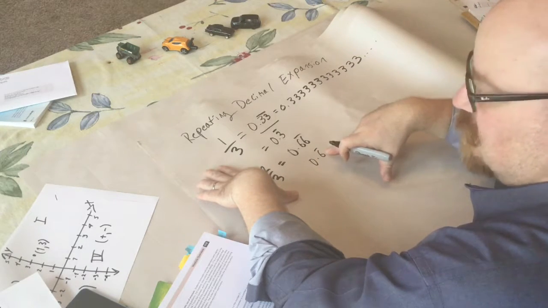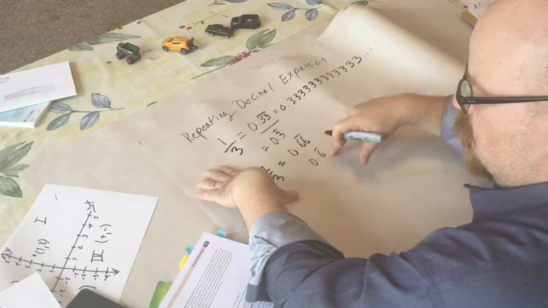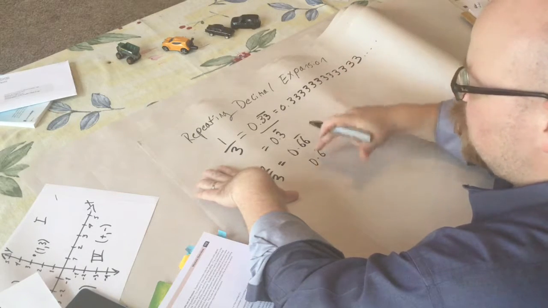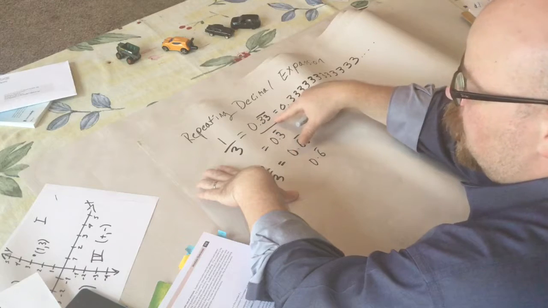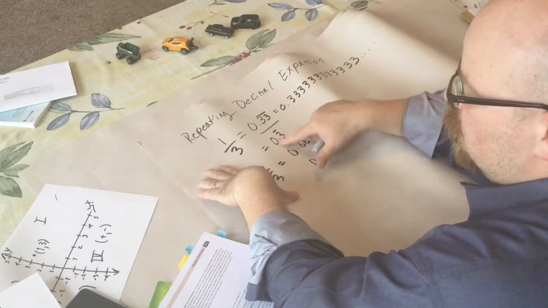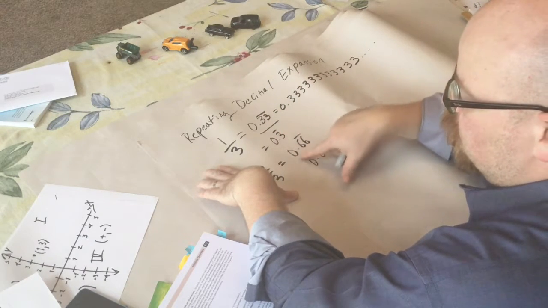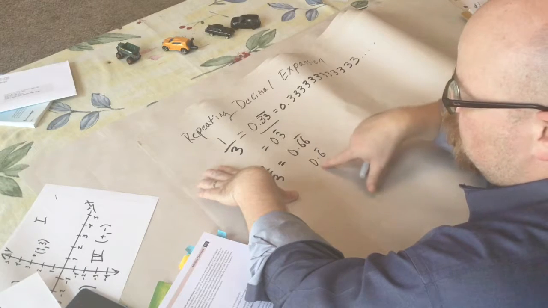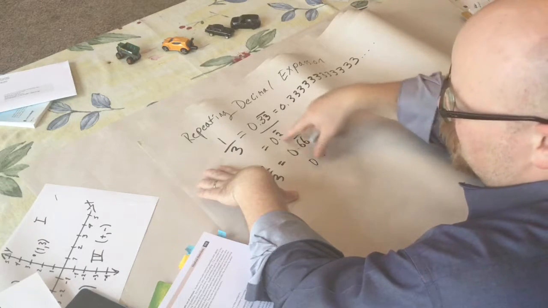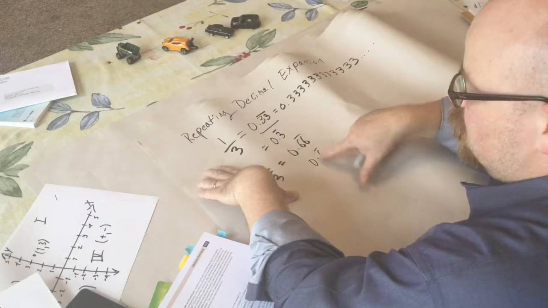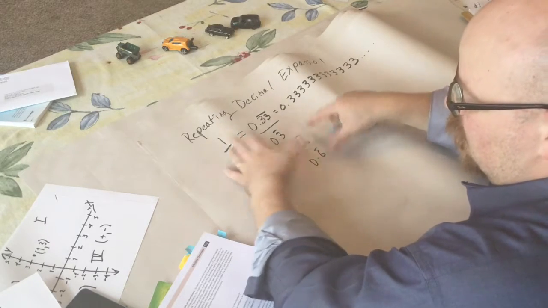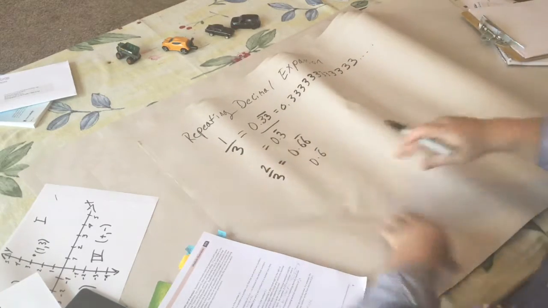Technically the block is 1 digit long and repeats forever. So 0.66 repeating and 0.6 repeating mean the same thing. They're 2/3.